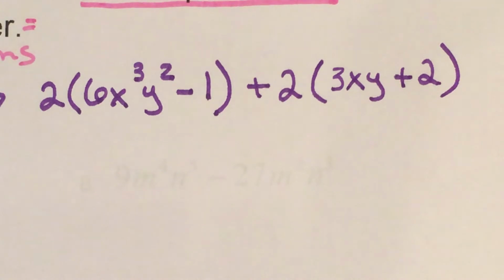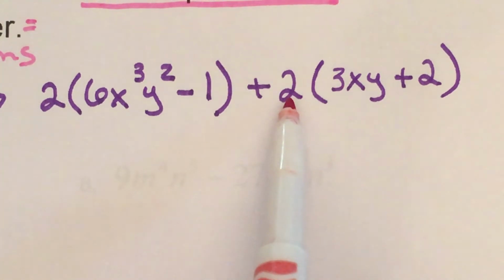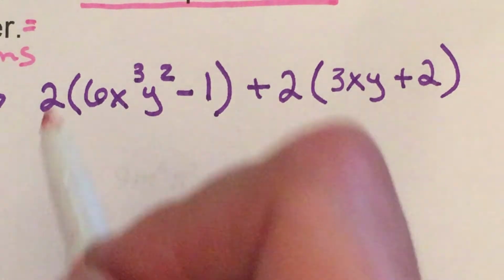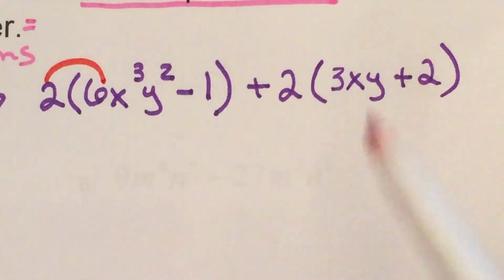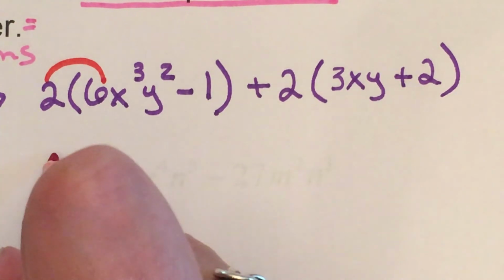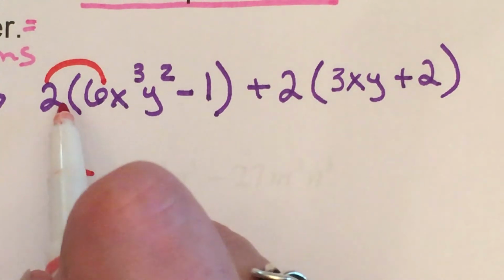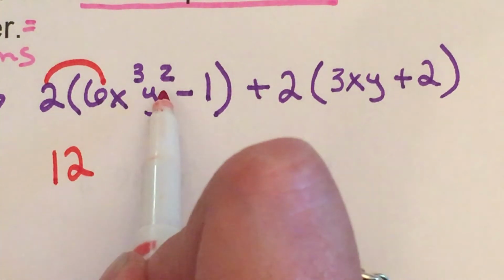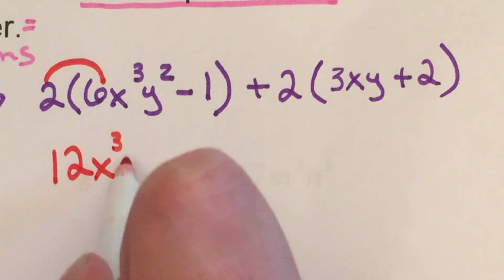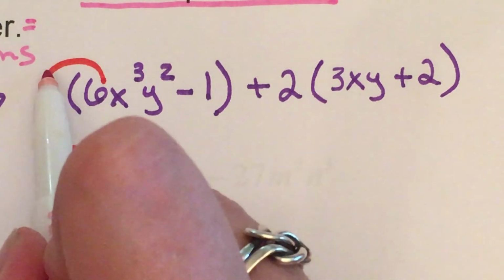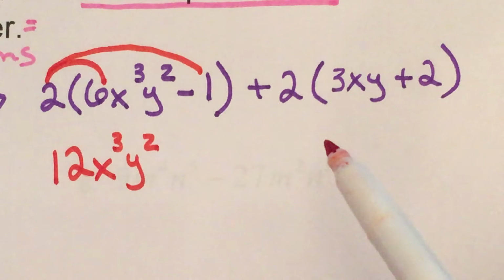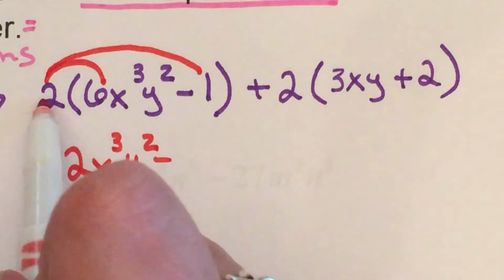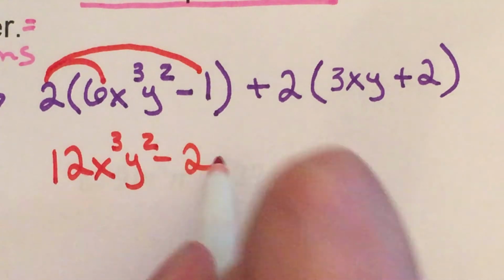Let's go simplify our answer and combine like terms. But in order to combine like terms, I have to distribute my 2's through the parentheses and then go combine. So big 2 times big 6, 12. Do I have to multiply an x or a y? Nope, just bring him down. A positive times a negative, it's a negative. 2 times 1, 2.